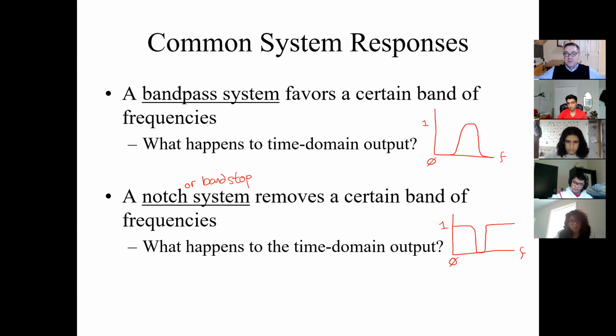Okay, passes all frequencies except a certain band. And so this is a kind of shorthand way of describing how some systems behave. Okay. Any questions on those? Those hopefully are familiar terms.